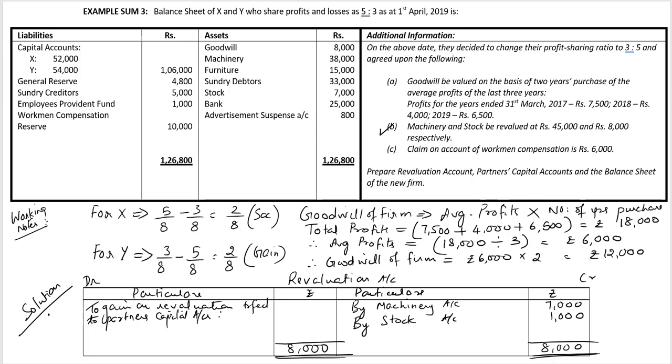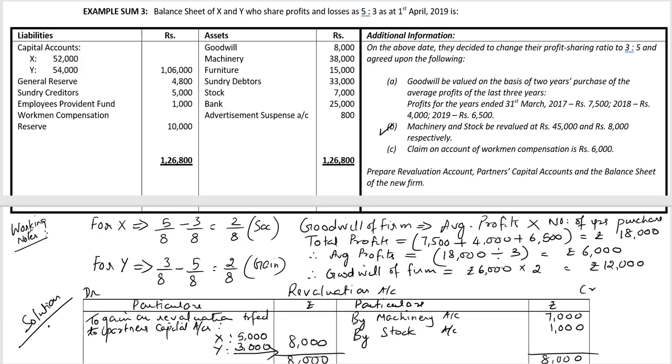So we have for X and for Y. Total gain rupees 8,000. It's divided in 5:3. So X gets 5,000 and Y gets 3,000 rupees. So we've completed the revaluation account.